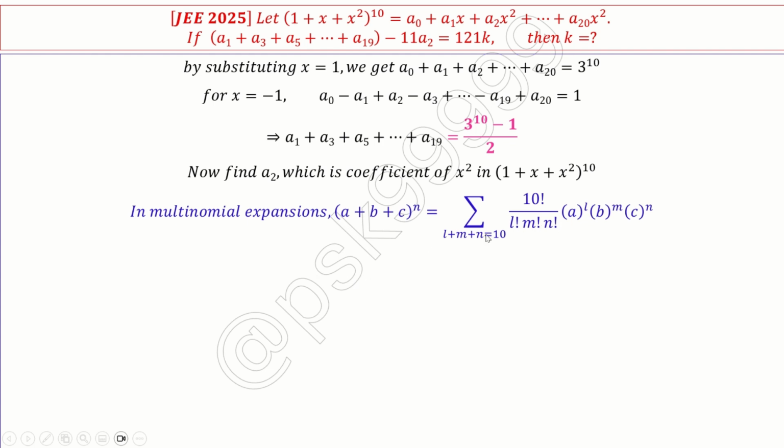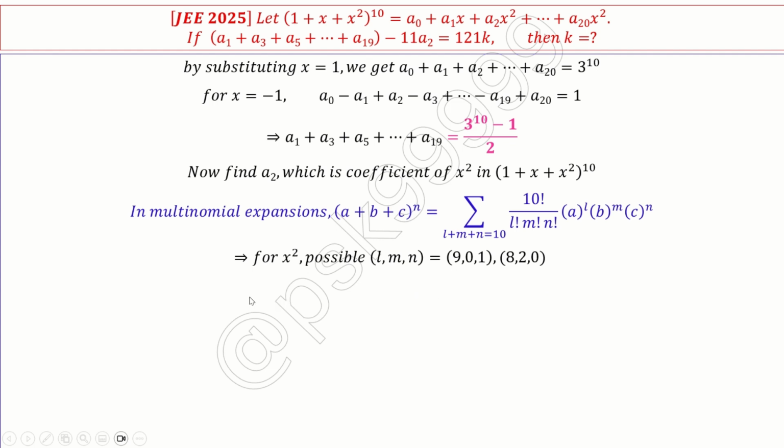For x square, my l plus m plus n should be 10, and l, m, n should be in such a way that I get only x square out of it. Okay. So my possible l, m, n are only 9, 0, 1. I can have 9 ones and 1 x square, correct, which is the x square term, or 8 ones and 2 x's. Okay, x into x, and 0 x square, so I will again get the x square term. This is the only way I can get my x square term.